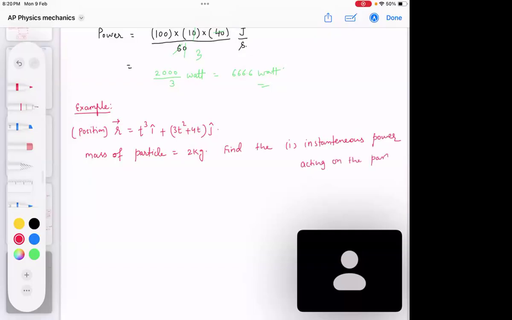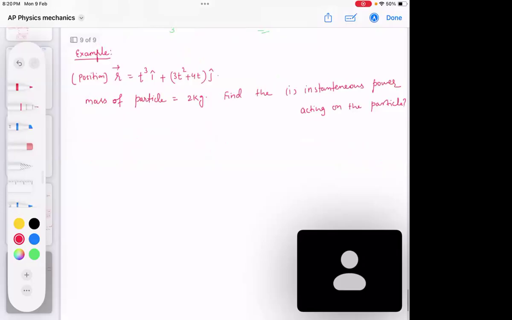This particle must be experiencing some force, so that force is developing how much power? That is what they ask in the question. Let's calculate it. Understand the question?